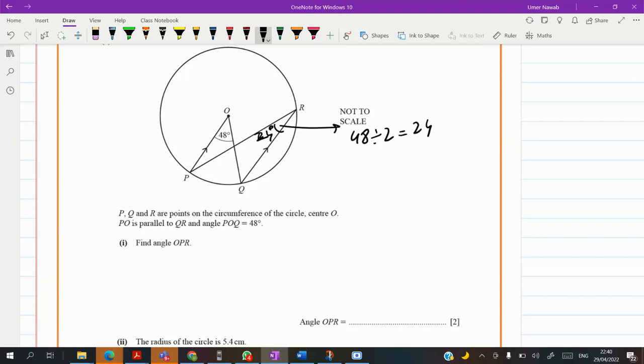So this is 24. And this is alternate angles, 48. OPR. So this is 48, Z concept. This is also 24.